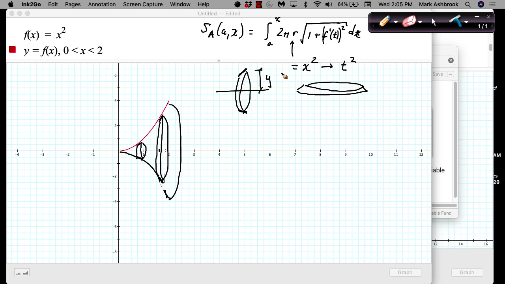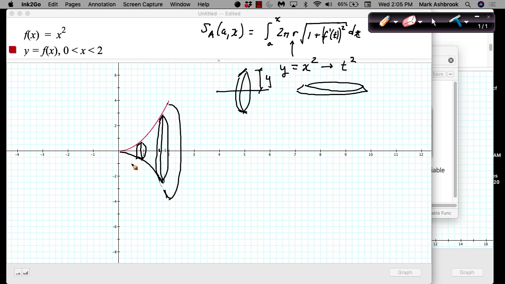The key here is seeing that r comes from the radius of my ribbons, or frustums, parts of cones, and that radius is the y coordinate, so that's x squared, and then it becomes t squared.